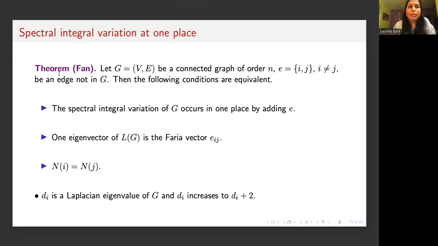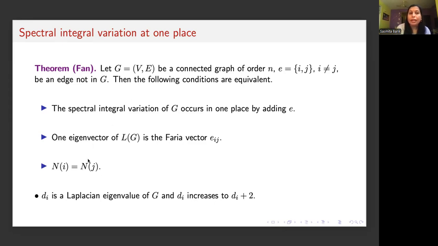When the spectral integral variation occurs at one place, it has been characterized, and these three conditions are equivalent. The spectral integral variation will occur at one place by adding the edge ij when the degree of i is the same as the degree of j, meaning their neighborhood sets should be the same. That will of course imply the degrees are the same.